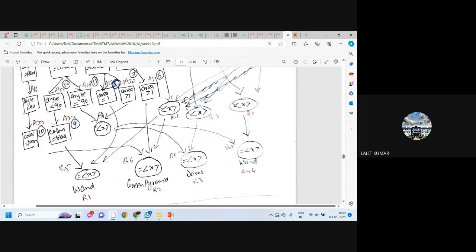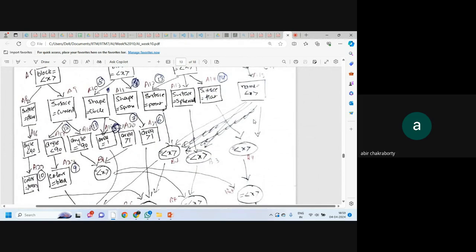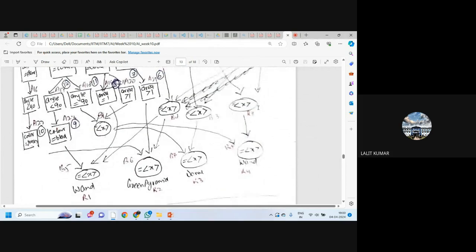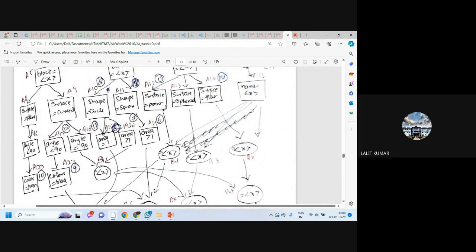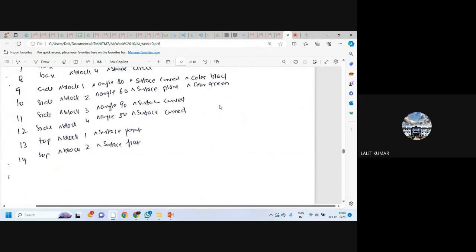B2, B3, B4, two arrows are coming towards it. So to fulfill this, now see here 14 is sitting. So it will take 11, 7, and 14, and it will take the name from here. Correct.